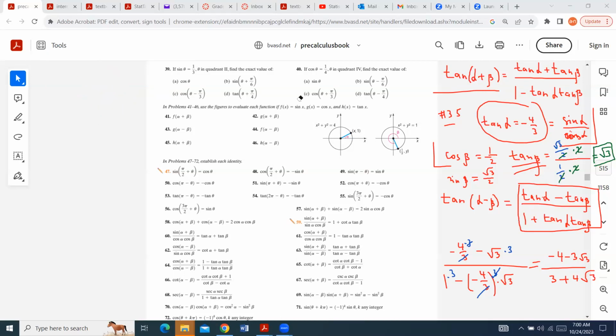So what I mean is the formulas that we saw last time for sine of alpha plus beta, as well as cosine of alpha plus beta. So to recall, it's sine alpha cosine beta, plus sine beta cosine alpha.